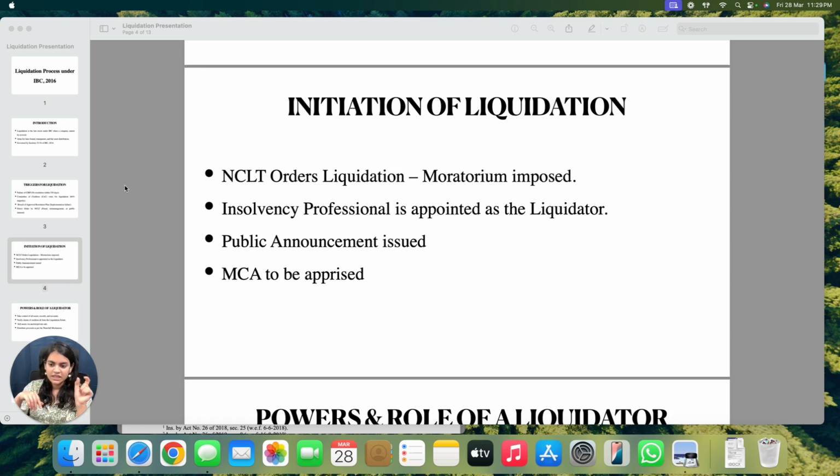It will state the date of the commencement, and under the liquidation process, the claims must be received within 30 days of the commencement date. Once the paper publication is made, such date is also provided, which happens to be the 30th day from the insolvency commencement date. And the claims are invited from various stakeholders.